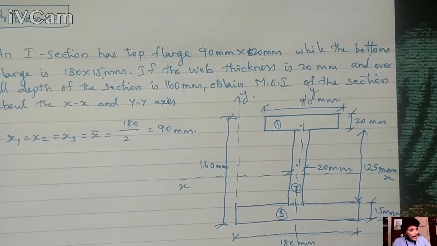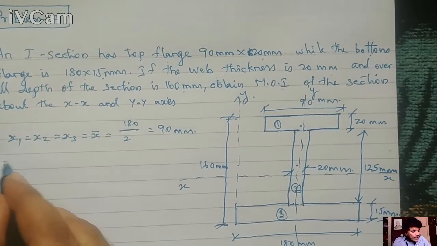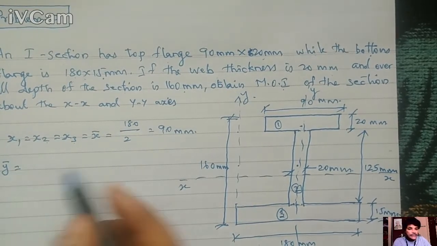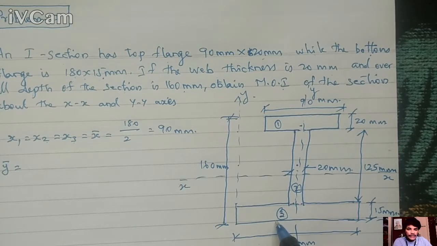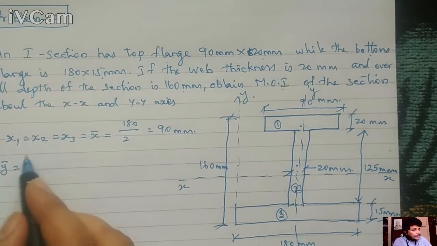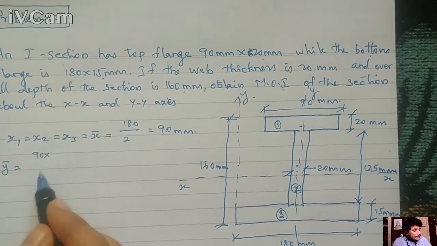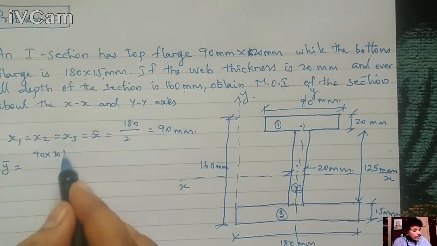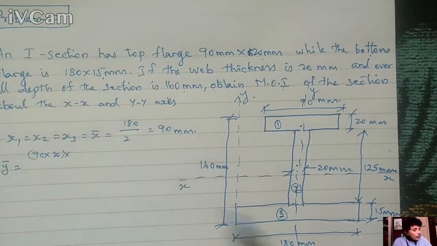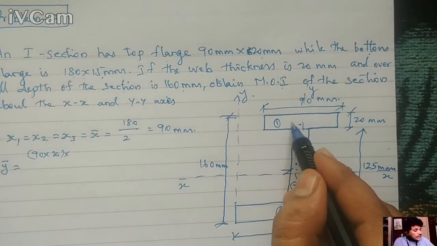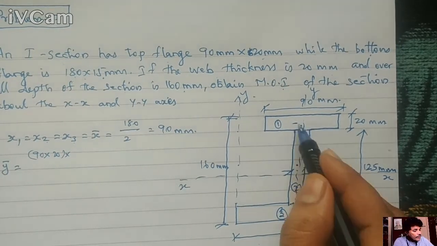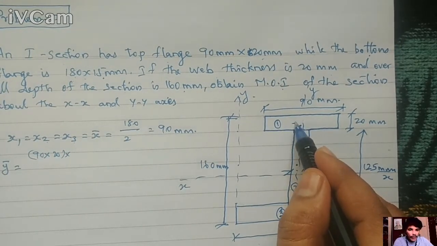And y bar you need to calculate using the formula a1 y1 plus a2 y2 plus a3 y3, divided by the total area. So a1 is 90 by 20, into y1 from the bottom. What is the centroid height from the bottom? That is y1.